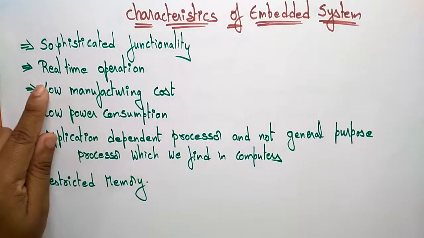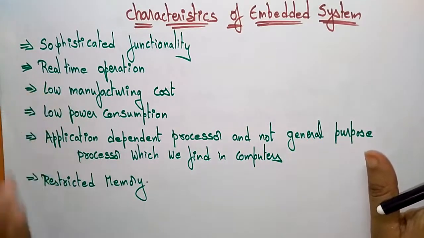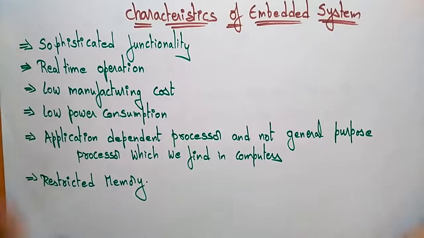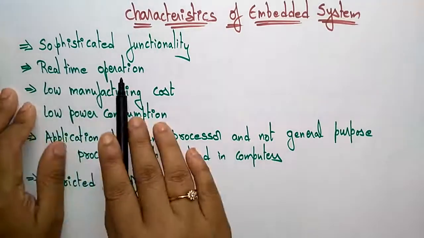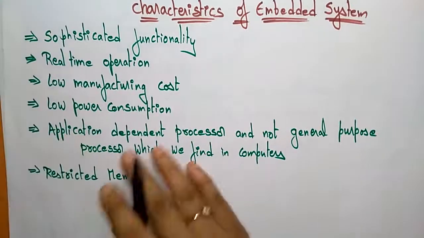And coming to real-time operations, not all embedded systems satisfy real-time operations. Actually, embedded systems are mainly designed to complete a task within a particular time. That is the concept. But not all embedded systems will satisfy real-time operations.